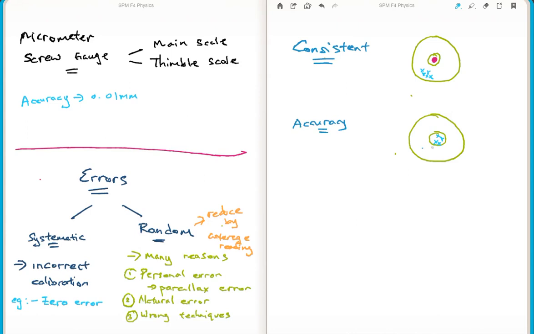This is very accurate. It reached the center. Unfortunately, it is accurate, but not consistent, but inconsistent.